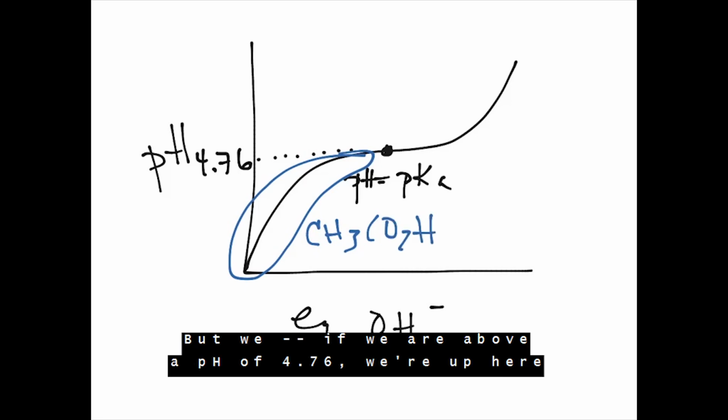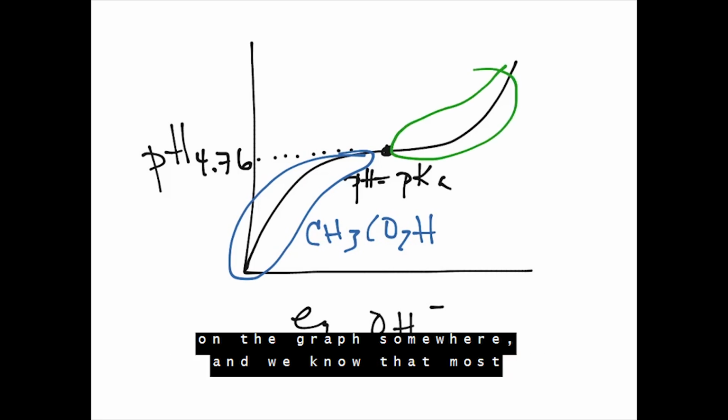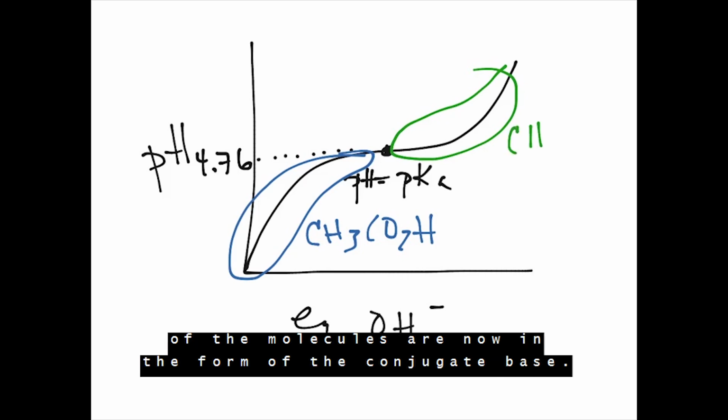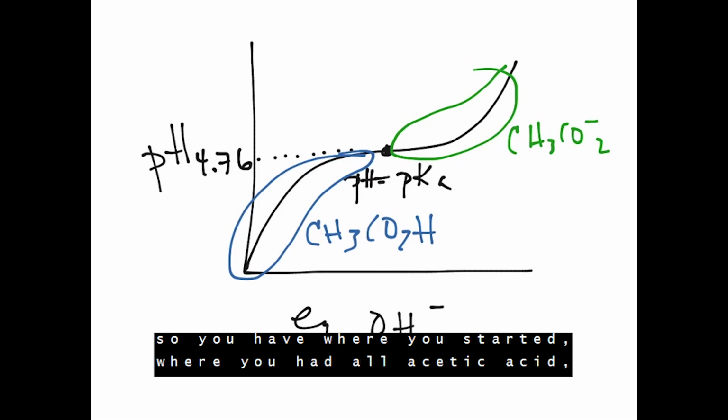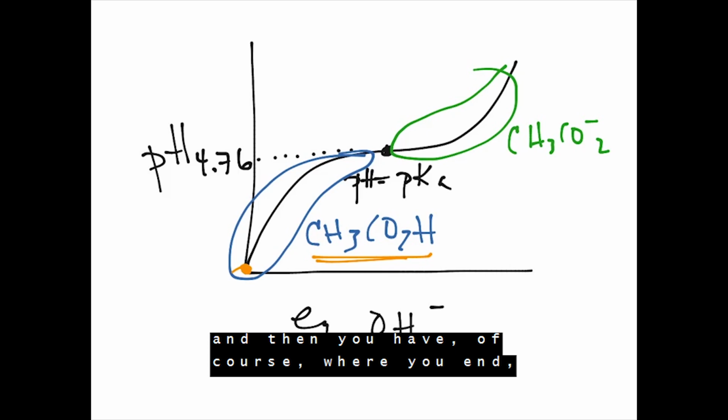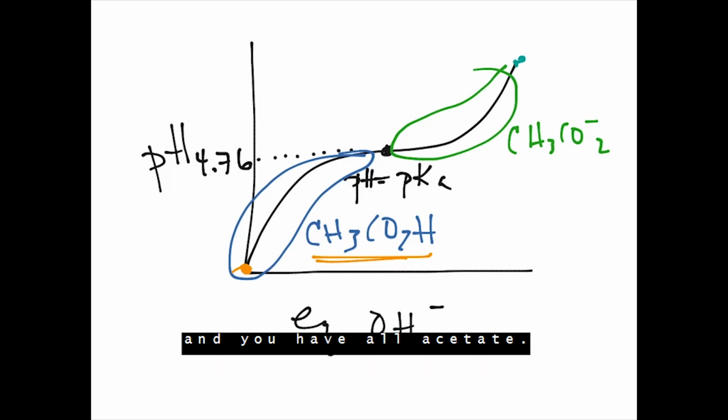But if we are above a pH of 4.76, we're up here on the graph somewhere, and most of the molecules are now in the form of the conjugate base. And of course, then you have the two endpoints. So you have where you started, where you had all acetic acid, and where you end, and you have all acetate.